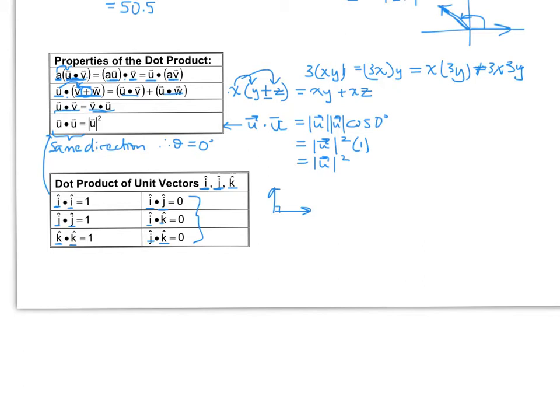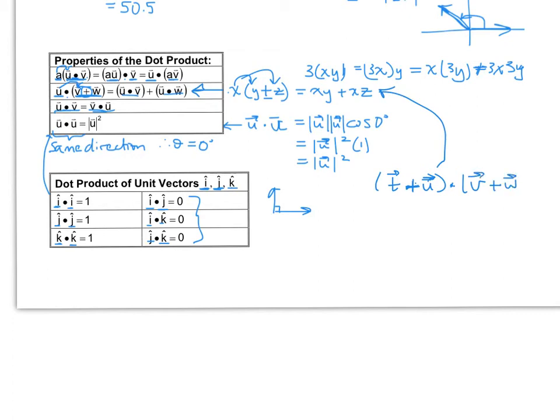One other thing I want to mention before we move on to our next page is going back to this one right here. If I had vector u dotted with vector, actually let's make that a t. Let's go t, vector t added to vector u, and then we want to dot that with v plus w.